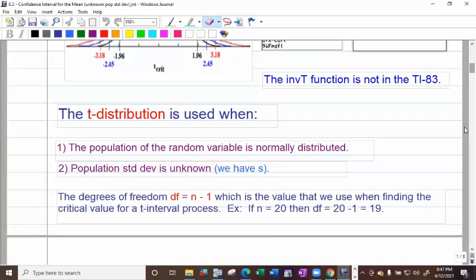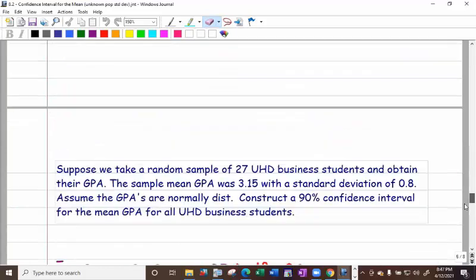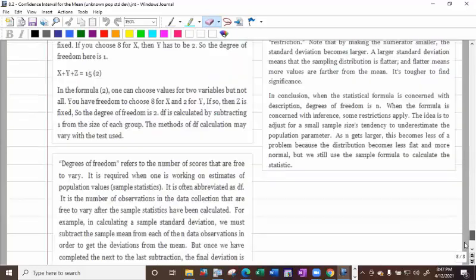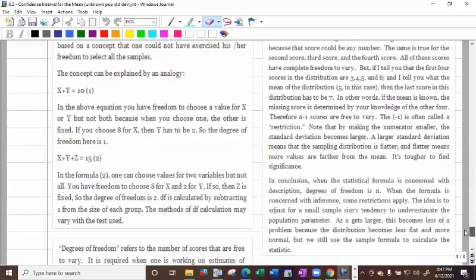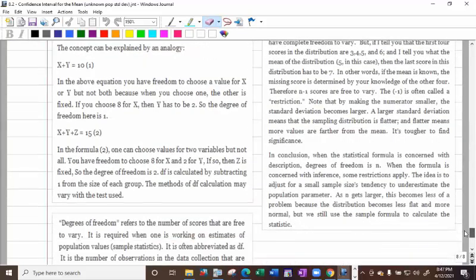There's a whole page down here. I mentioned it's not going to be tested on here or whatever. And I'm not going to go through all this in too much detail, but just kind of show you one example here. Like this equation right here, x plus y plus z equals 15. And let's say you choose a value, I don't know, 6 for x. And then I choose 2 for y.